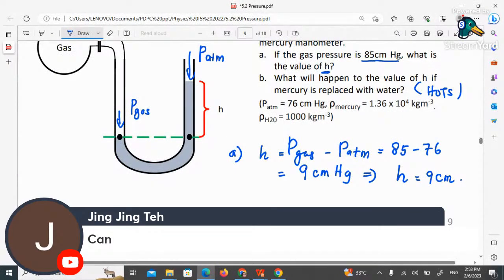B, what will happen if mercury is replaced with water? Apa berlaku? What happened? What happened if we replace mercury with water? Okay, Wang Sun-Jian, increase. How about the rest of you?